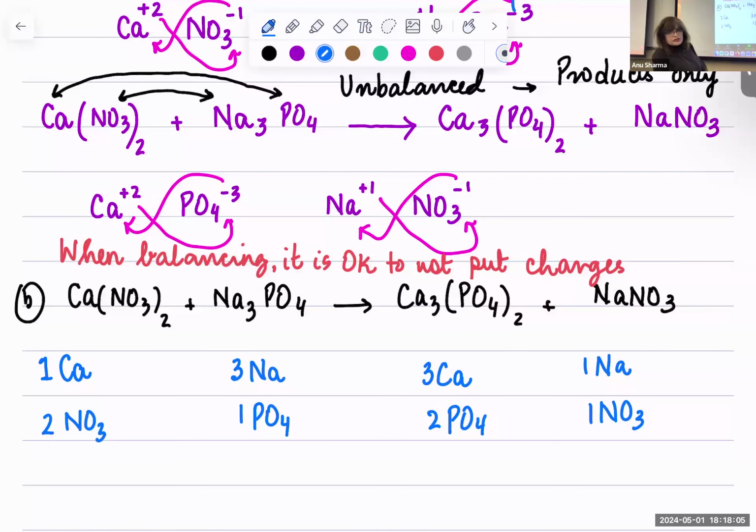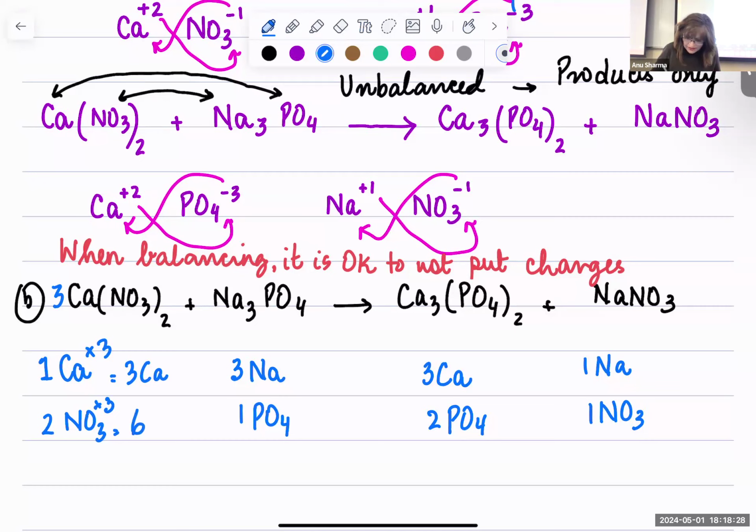Now, what is not balanced? Everything, pretty much, right? There are 3 calciums. If you put 3 here, that means this times 3 and this times 3. This gives you 3 calciums and 6 nitrates, NO3.